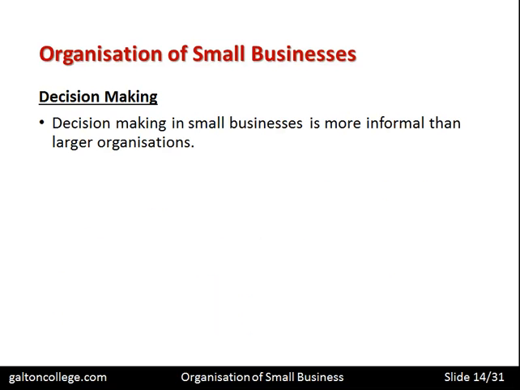Decision making. Well, decision making in a small business is more informal than large businesses or large organisations. In a small business, the decision making is normally made by one person, the person who owns the business, or if it's a small partnership, by the various partners who get together and make a decision. Essentially, it's typified by a lack of bureaucracy.